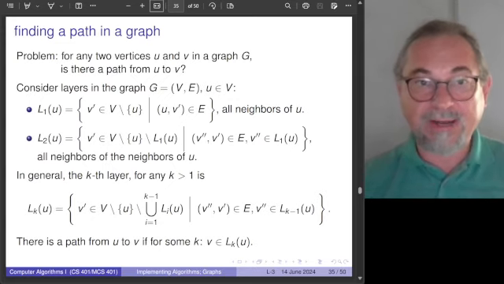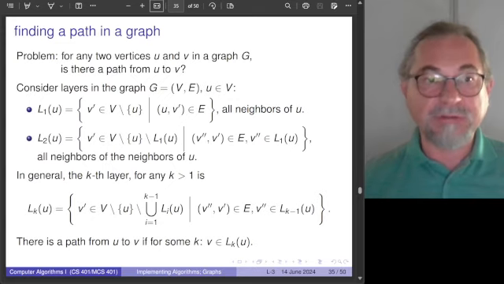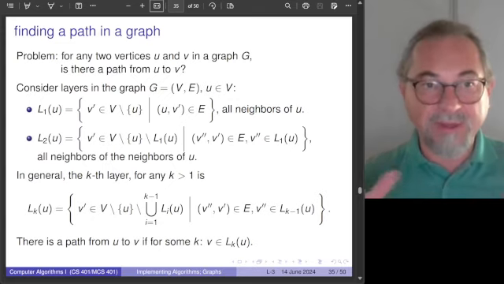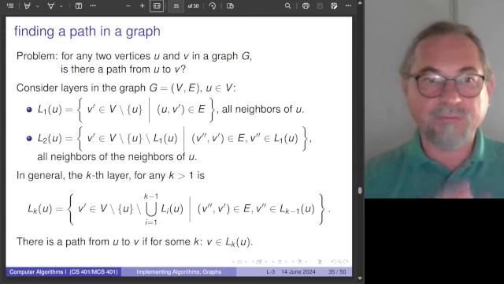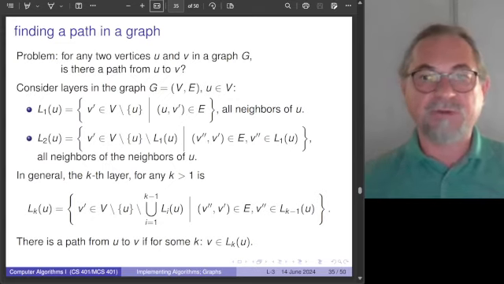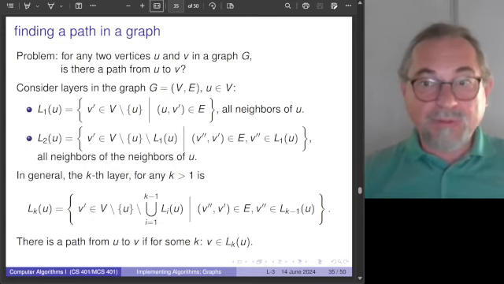A graph is connected if for any two vertices in a graph there is a path. So the problem that we first consider is for any two vertices, can we find a path from the first vertex to the second vertex? Okay, so how would we solve this?